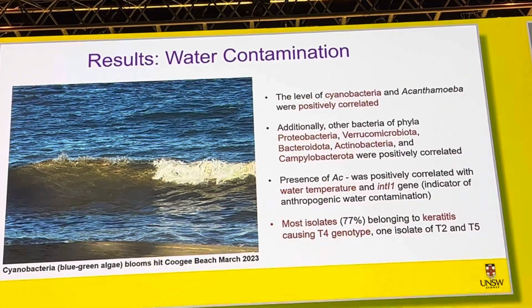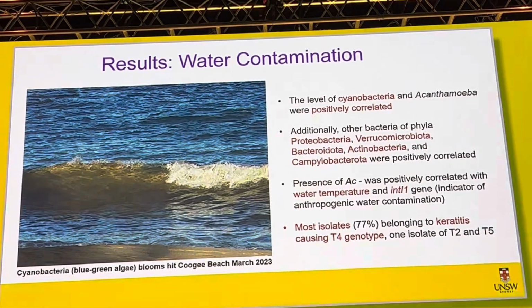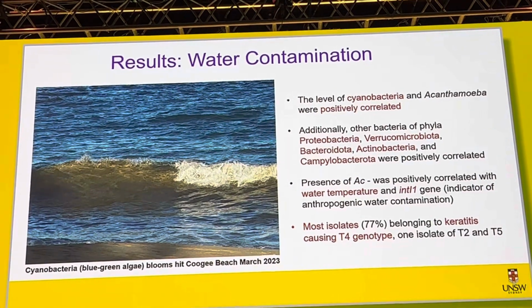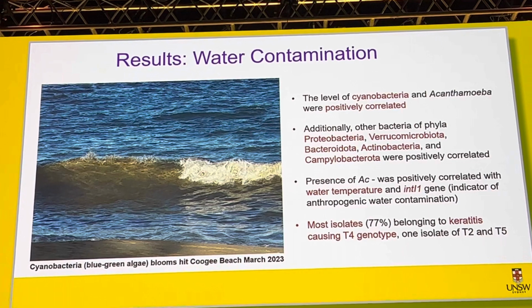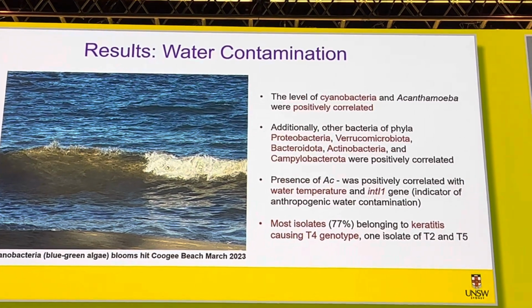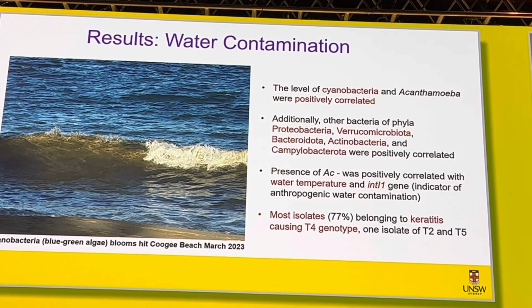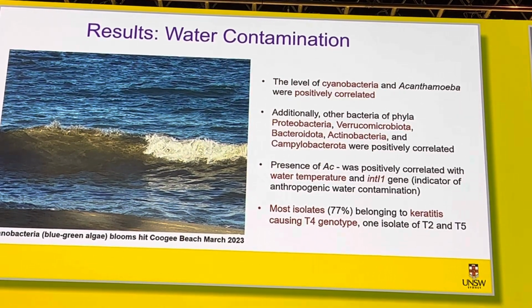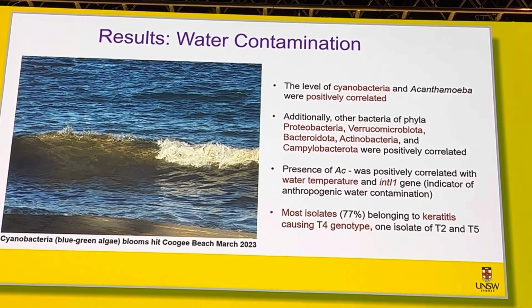As well as Acanthamoeba being correlated with water temperature, we found this association with this gene, which can be a proxy marker for people contamination of water. So stormwater runoff, where people are walking their dogs by beaches, etc., and you get that fecal contamination, which again is a food source for Acanthamoeba.